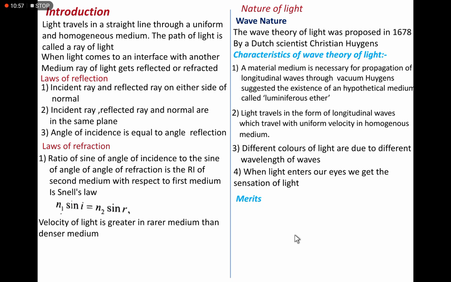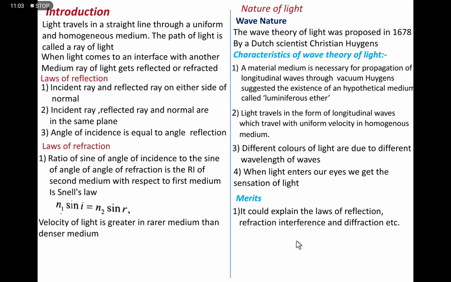Merits of this theory are very simple. It could explain the laws of reflection, refraction, interference, and diffraction. These are the properties of light.